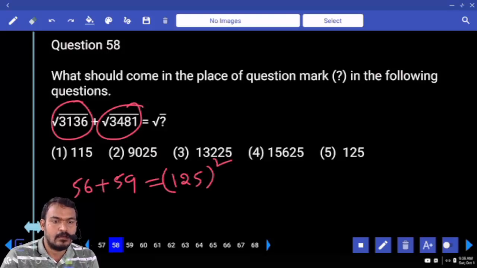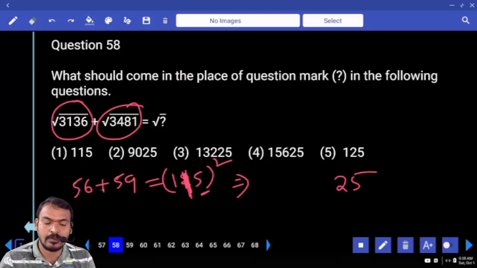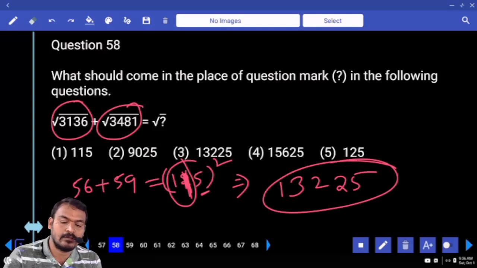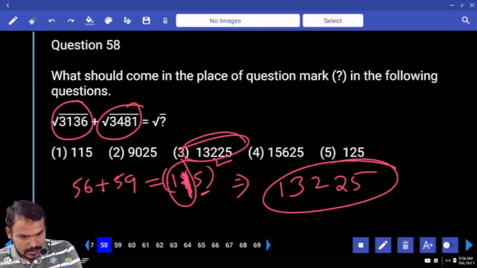Okay. 115 square means ending with 5 square or not? What is the 5 square? 25. What is the next number of 11? 12. 11 into 12, 132. Then answer 13225. Square of the value ending with 5, or not?